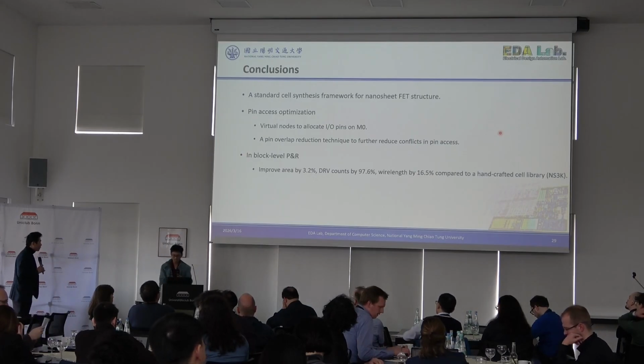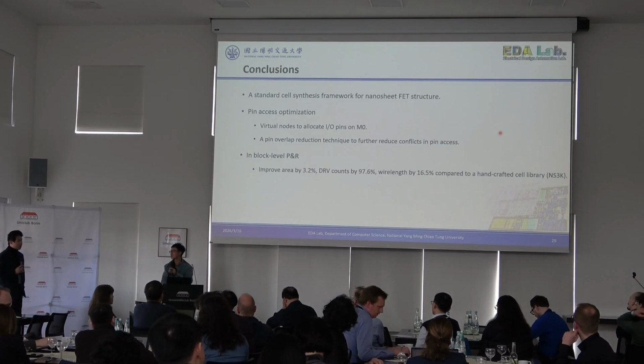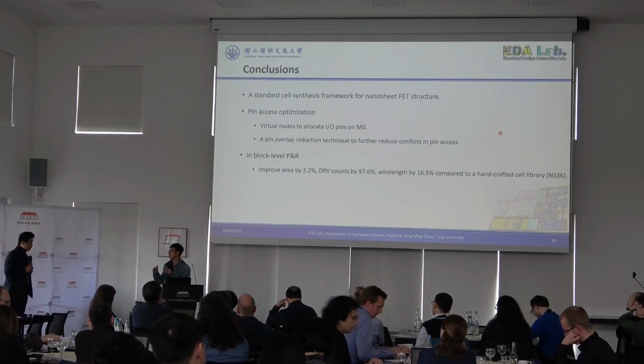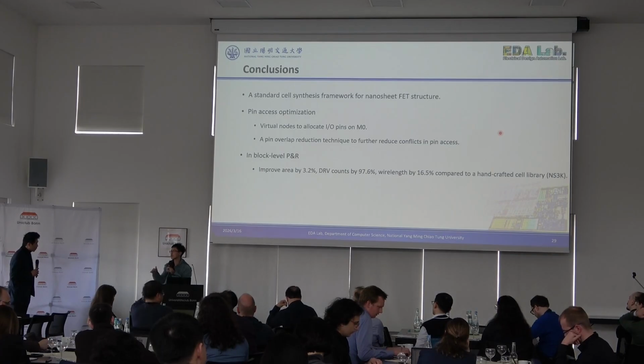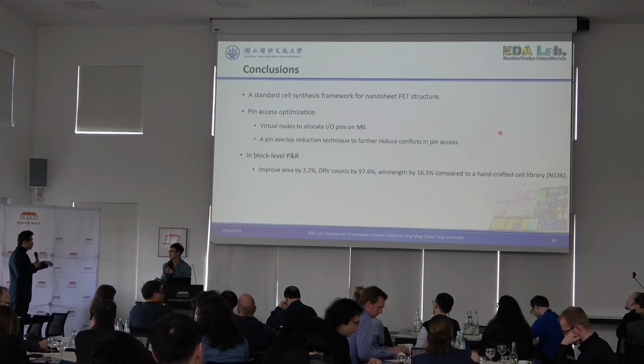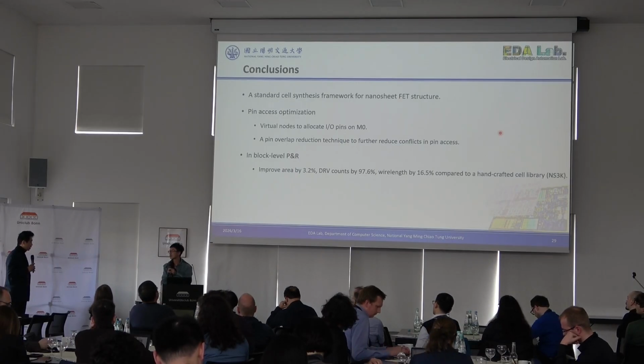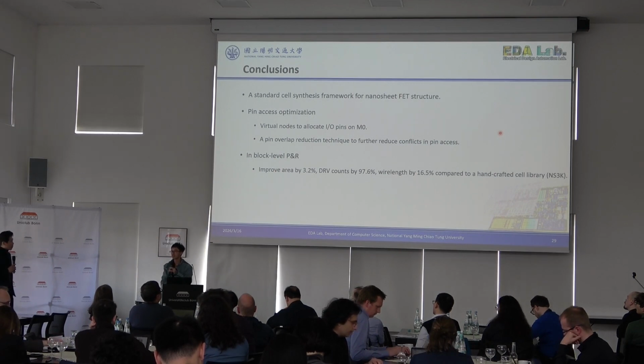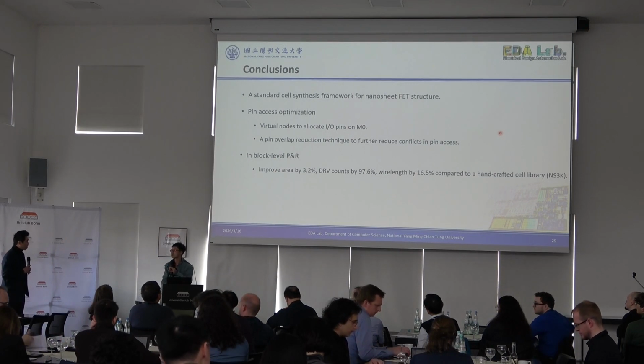But the cell structure is not the same, so we do not compare with the CFET cell library. Actually, they have SF7, and then it's very easy to change the setting. Maybe you can consider comparing with them in the future. Oh, thank you.